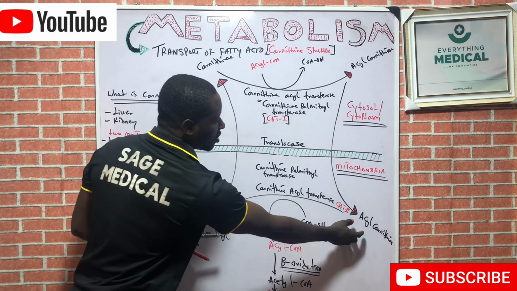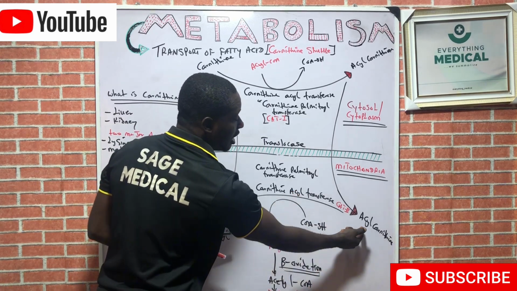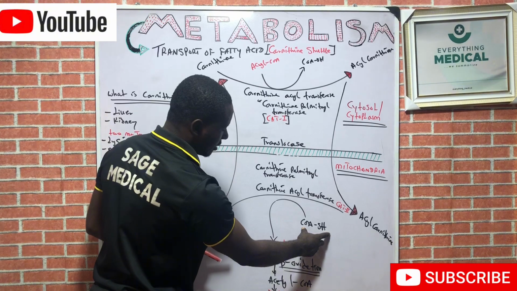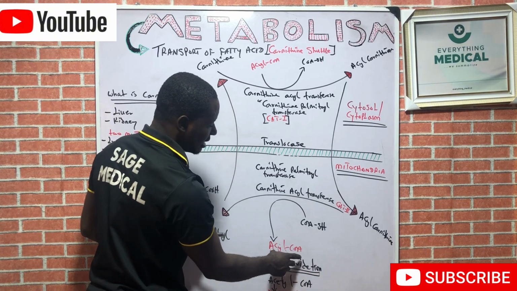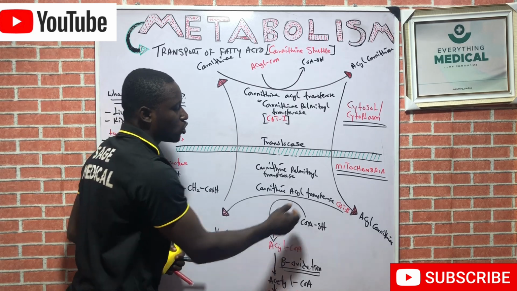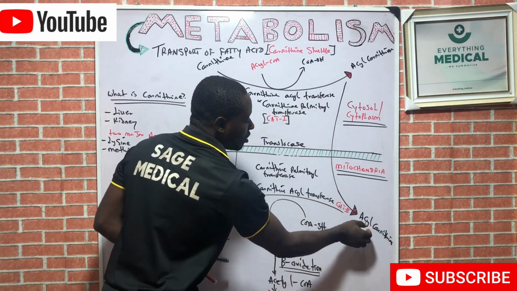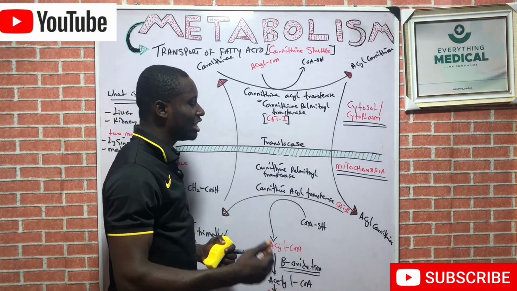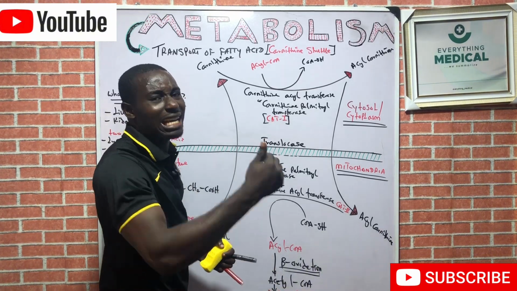So once this enzyme has cleaved acylcarnitine to form CoAs and acyl-CoA, it will as well form carnitine, because what forms acylcarnitine is the hydroxyl group of carnitine and the acyl group of acyl-CoA.